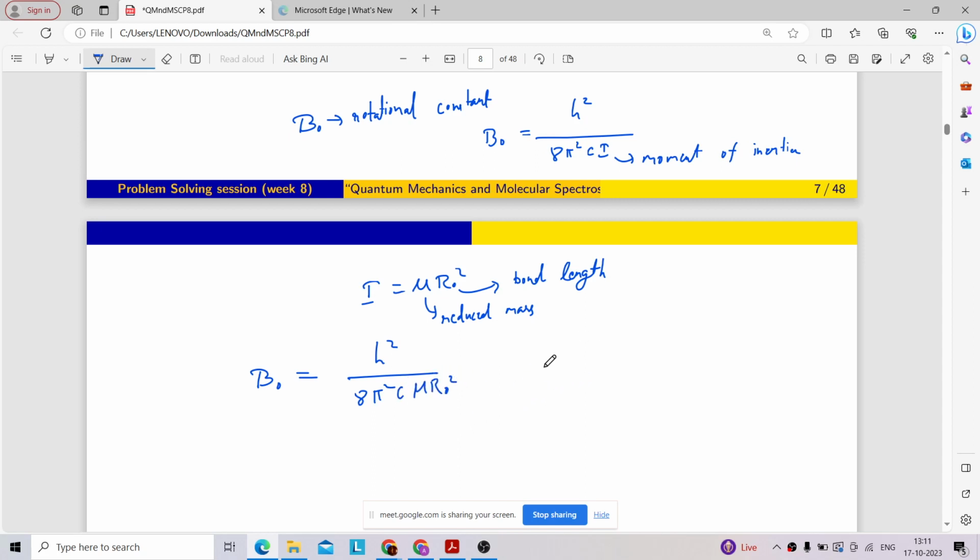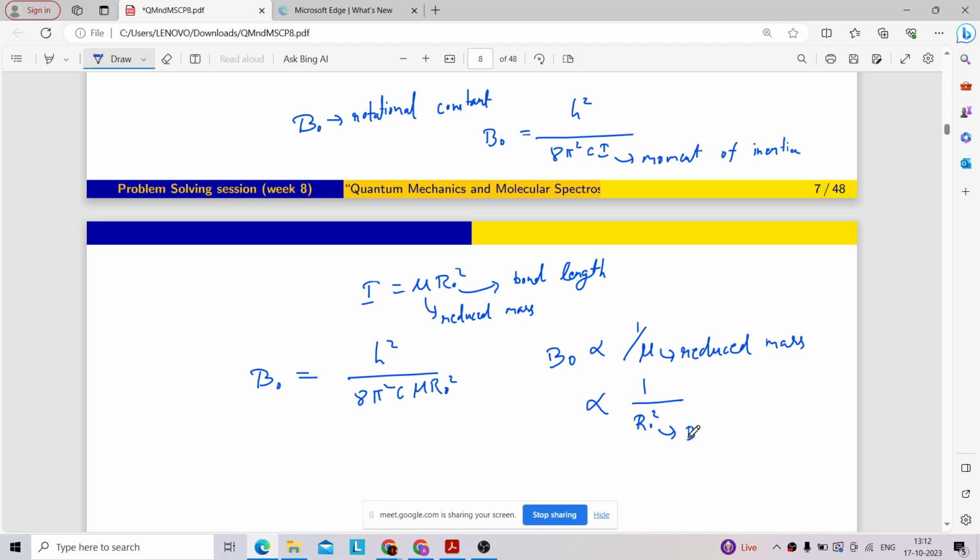So what do we see? B naught is inversely proportional to reduced mass and proportional to bond length as inverse square.